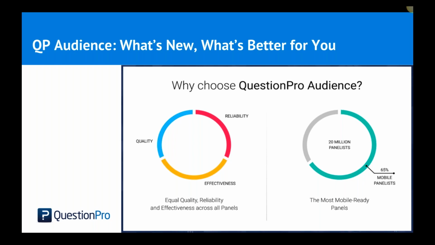Not only does QuestionPro have 20 million panelists, but 65% of them are mobile friendly and ready to go. So we can capture them not just on their computers, but on the go, which is really great. We can send out surveys and capture these people where they are, and get that data to you immediately.